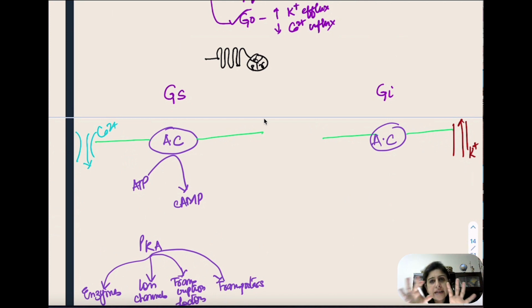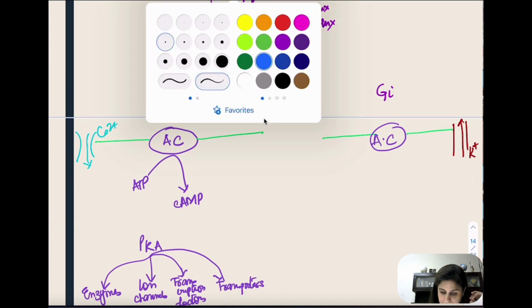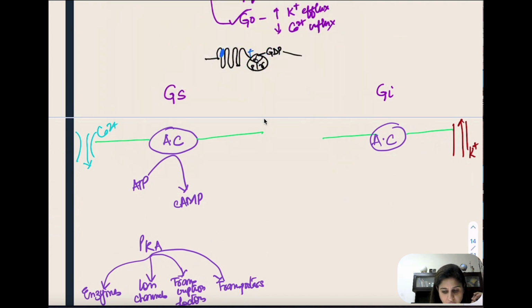When it is in the inactive state, with no ligand attached, GDP is usually attached to the alpha subunit, okay? And it is activated when a ligand or an agonist attaches to the receptor; it becomes activated and also activates the G protein. Then this GDP goes away and instead GTP gets attached to the alpha subunit.